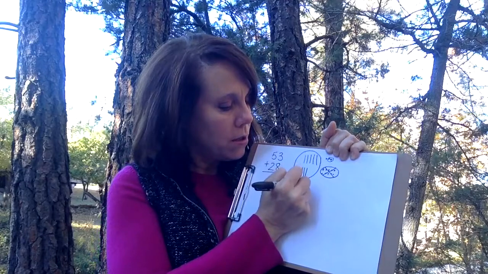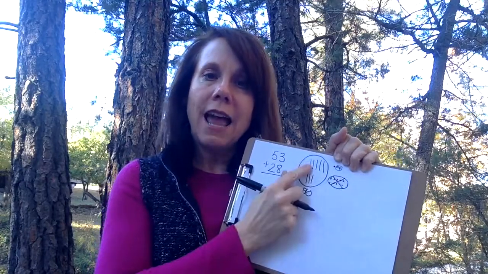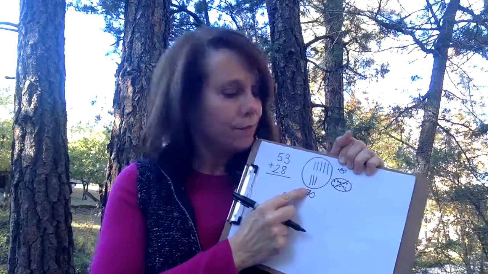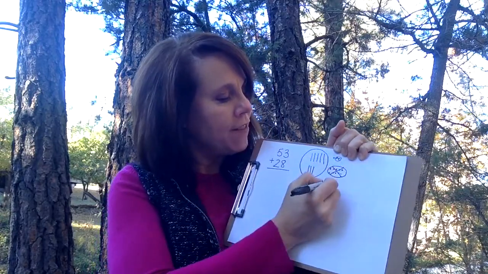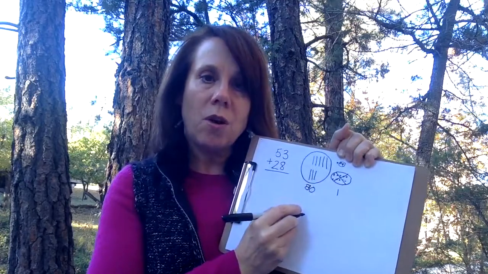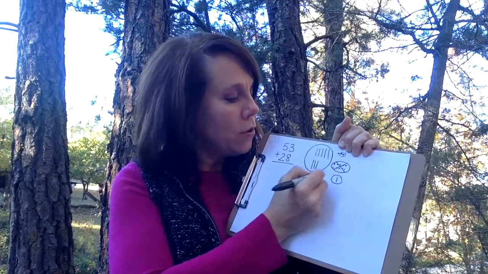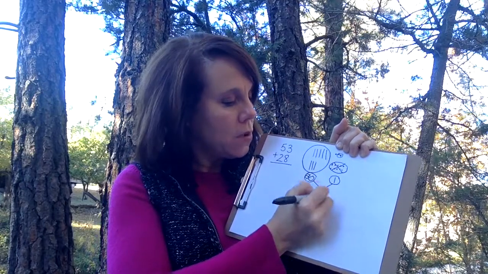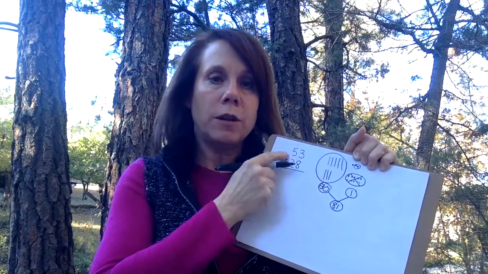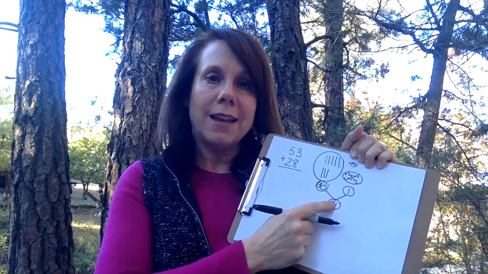So that represents 80. 8 tens is the same as 80. And then I can come over here to the ones place, and I can see that that left me with just 1. So now I can look at 80 plus 1 leaves me 81. 53 plus 28 equals 81.